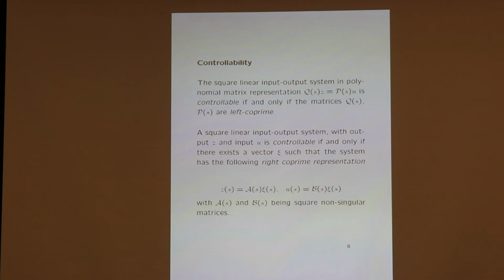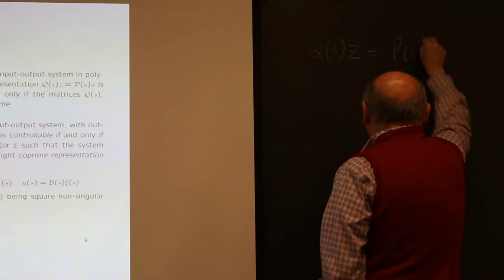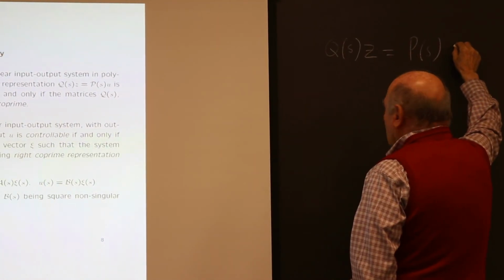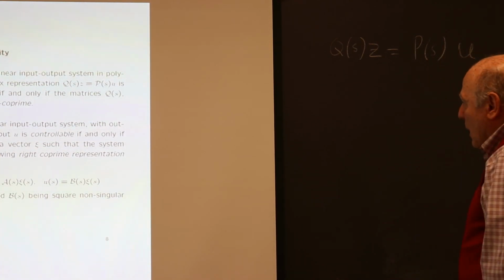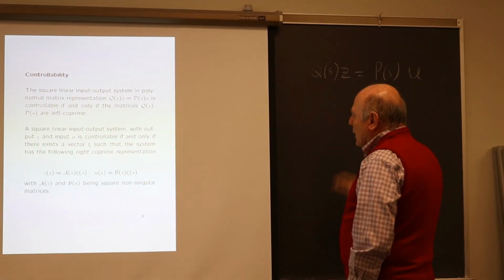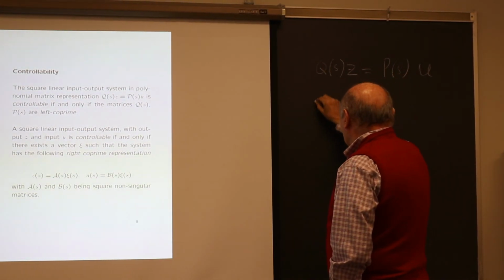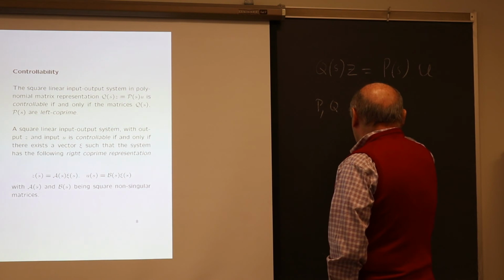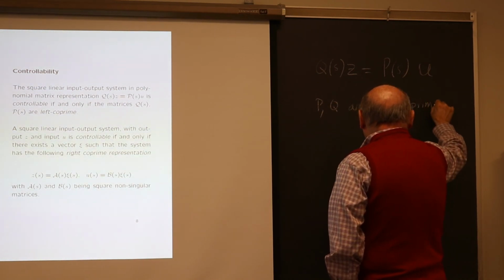So what does this mean in terms of controllability? When you have a representation of your system in this input-output form, in which you have control and output variables in the same number, this system will be said to be controllable if P and Q are left coprime. This is the generalization.